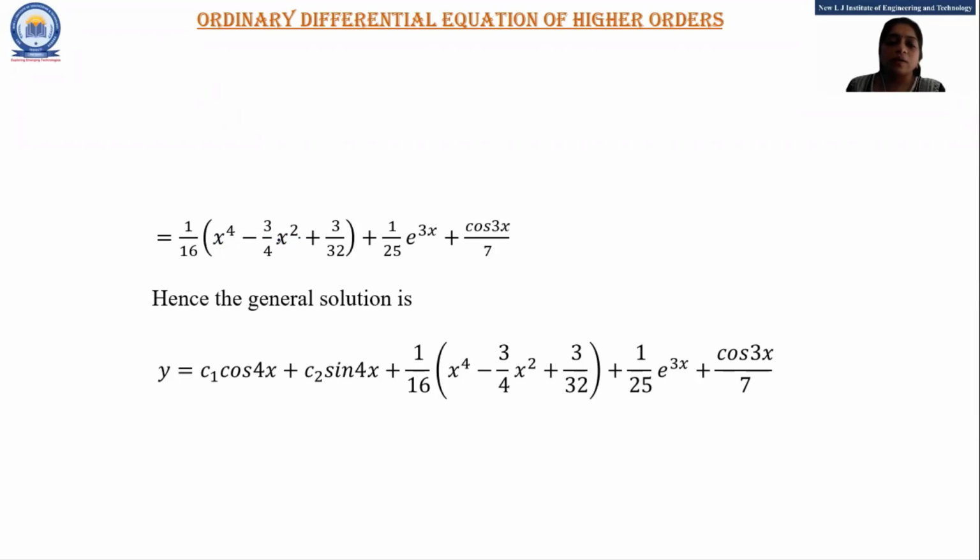Then d square into x raised to 4, after simplification, we have 3 by 4 x square. And then d raised to 4 into x raised to 4 upon 256, after simplification, we have 3 by 32. The middle term and last term, keep the same. Hence, the general solution is complementary function plus particular integral.